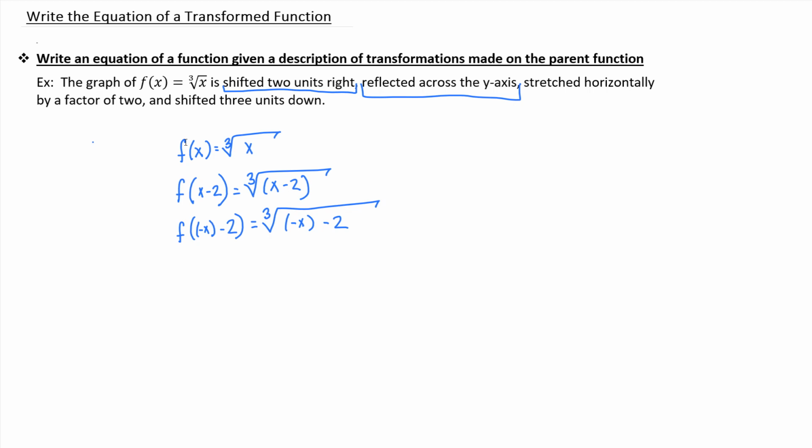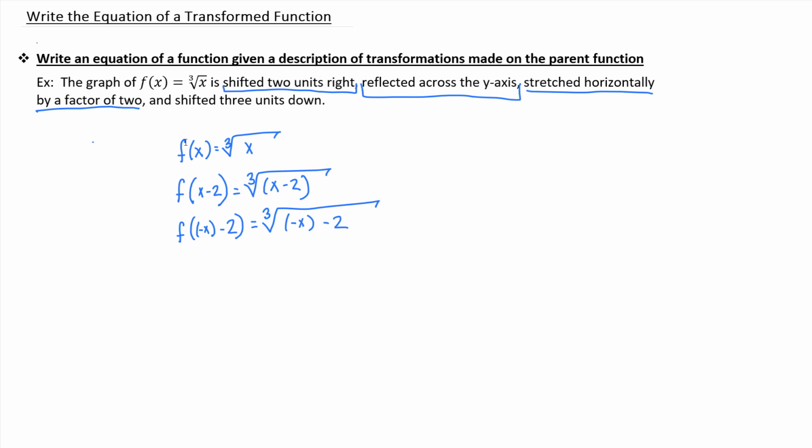If we stretch horizontally by a factor of 2, that's our next transformation. It's a horizontal movement, so it's a stretch, so we know it's a multiplier on our x's. And since it's horizontal, we have to think reciprocal. So if it's a factor of 2, the multiplier should be 2's reciprocal, which is a half.